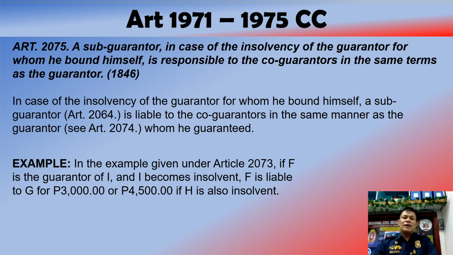Example, in the example given under Article 2073, if F is the guarantor of I and I becomes insolvent, F is liable to G for 3,000 pesos or 4,500 if H is also insolvent.